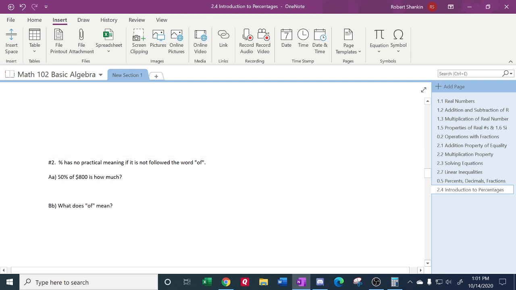In your group chat, number 2. Part A. 50% of $800 is how much? And then, what does the word of mean in mathematics? Discuss that in your groups. I'll ask your group in a minute.